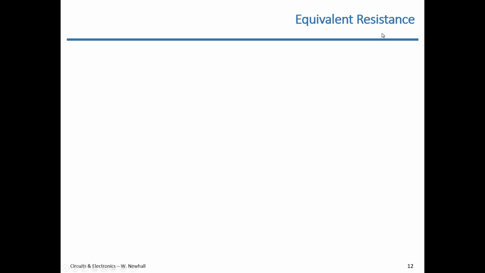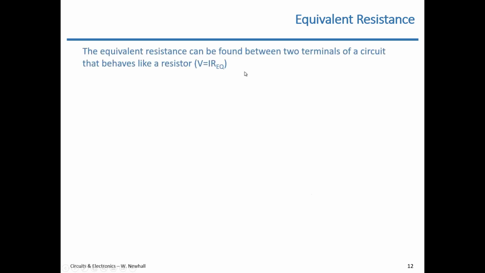So let's talk about equivalent resistance. And this relates to network reduction that we talked about. Okay, so the equivalent resistance can be found between two terminals of a circuit that behaves like a resistor. Okay, so I'm saying there's a circuit that behaves like a resistor.